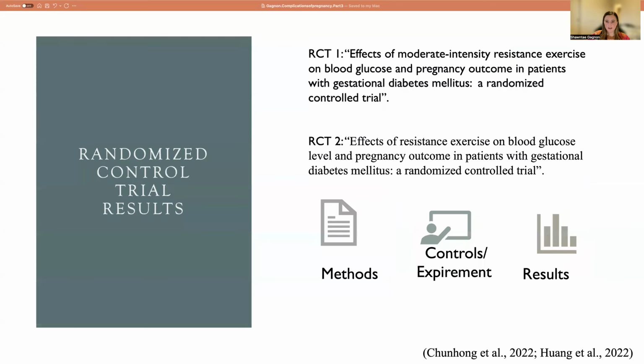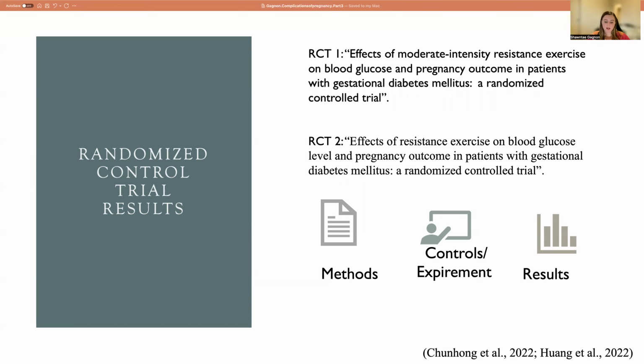Okay, so randomized control trial 1, effects of moderate intensity resistance exercise on blood glucose and pregnancy outcomes in patients with GDM, a randomized control trial. So this is from Chung Hong et al. And in this randomized control trial, the control and experimental group received routine prenatal care, online education, and a personalized diet plan.